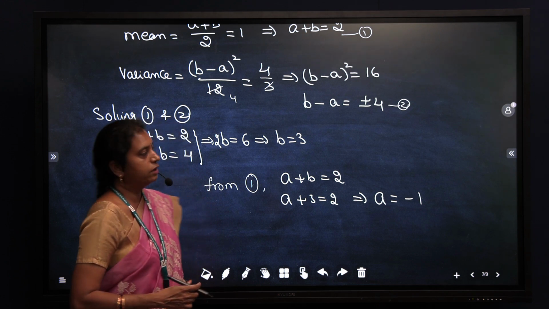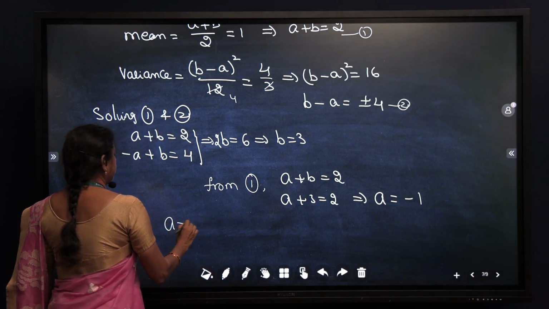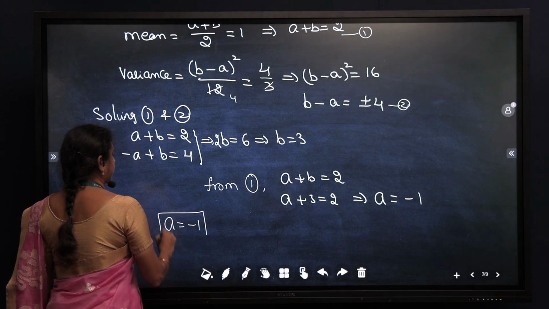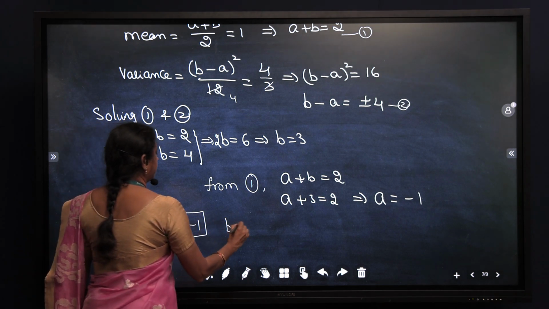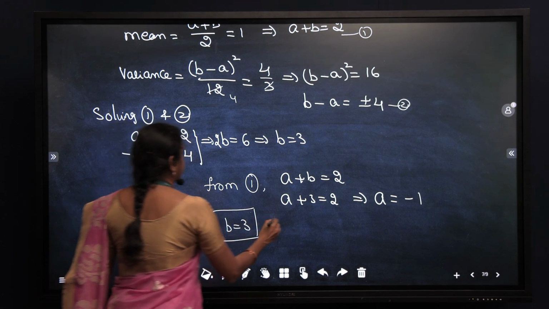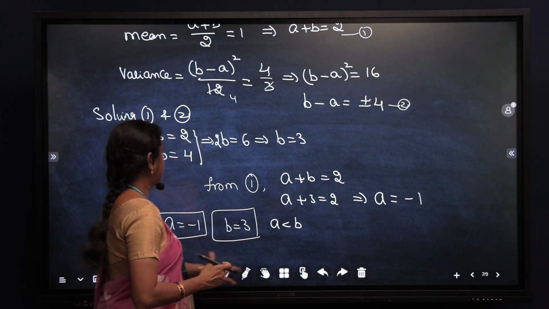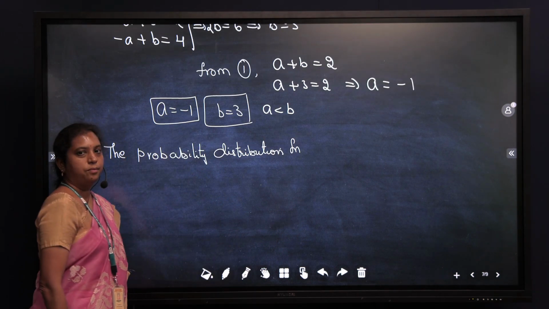And we know that the value of a should always be less than b. So the value of a is equal to minus 1 and b is equal to 3, and a is less than b. Now we will write down the distribution first.